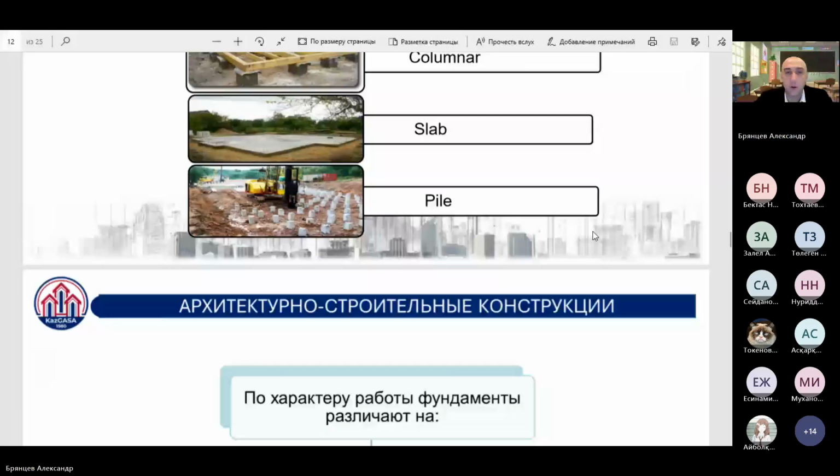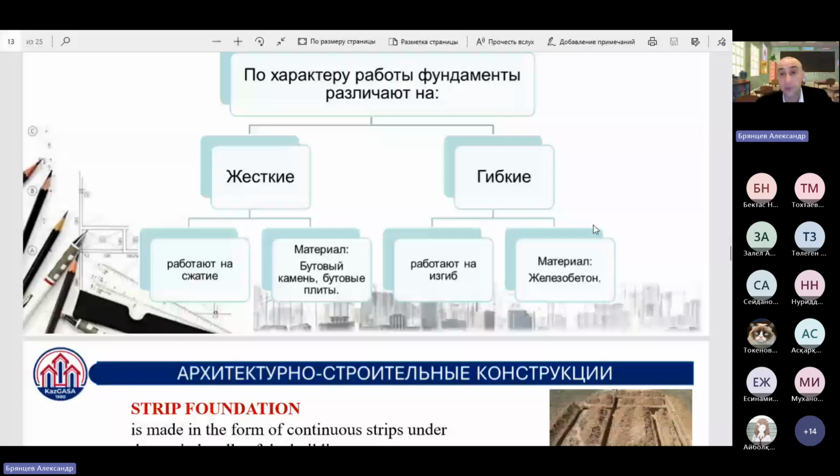Here is information in Russian. I will try to explain this in English. So the foundation by behavior. The structural behavior of foundations is divided into two main groups: a rigid foundation and a flexible foundation.